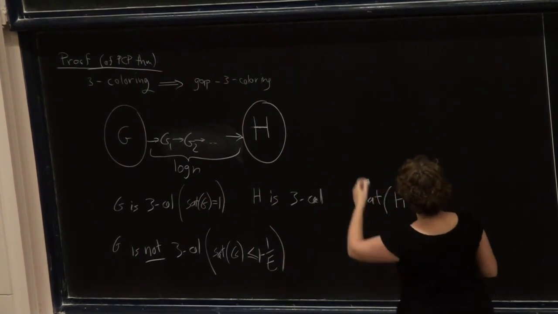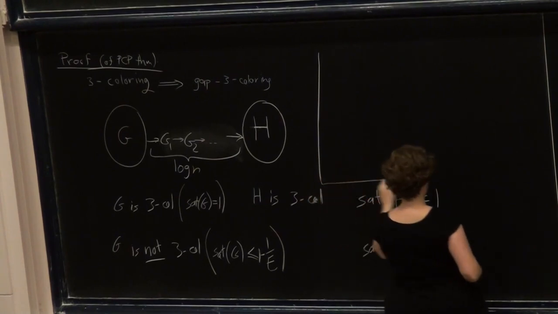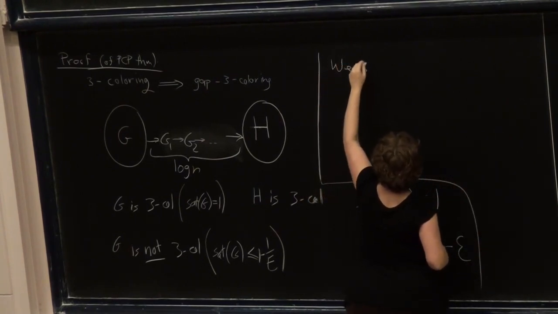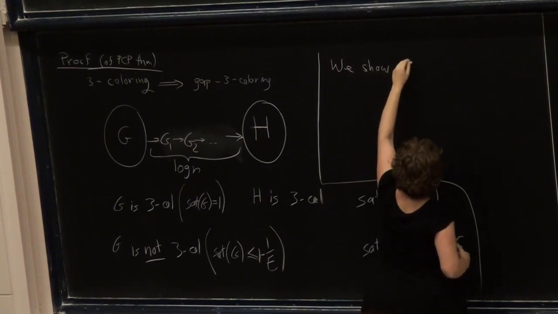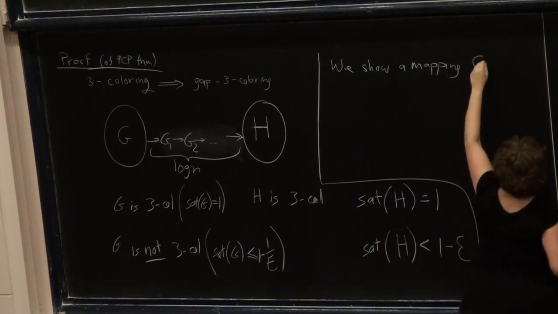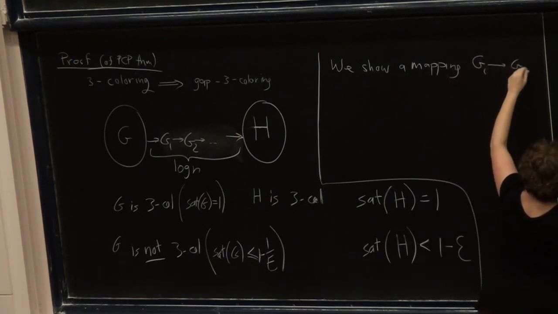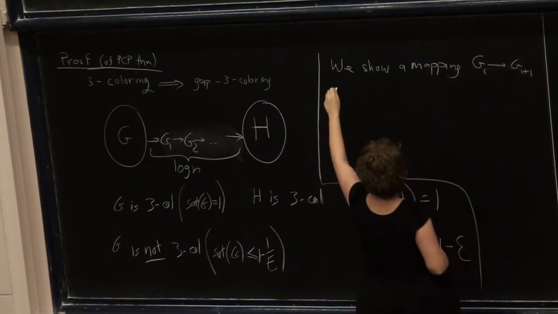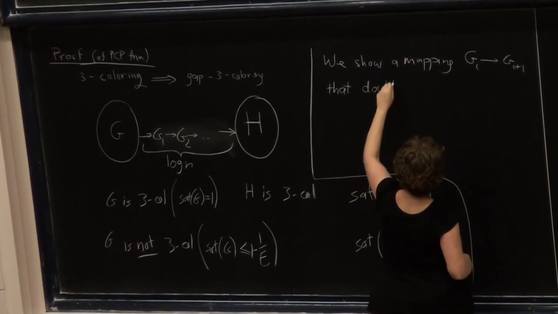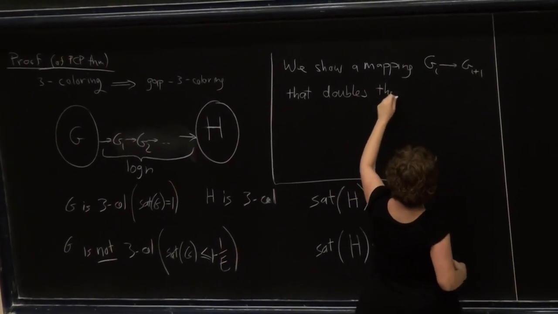We want to double the gap each time, so we will show a mapping from Gi to Gi plus 1 that doubles the gap.